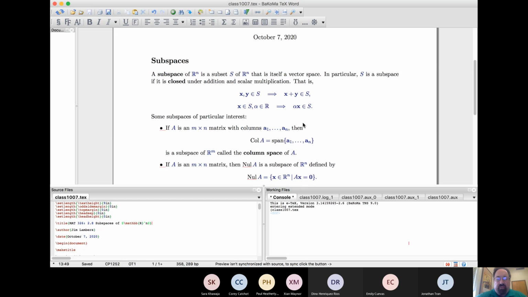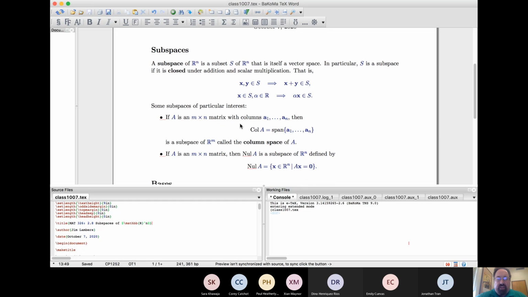But today we're going to focus on two particular subsets of Rn that are proven to be subspaces. The first is called the column space of a matrix A. So we have an m by n matrix that has n columns altogether.